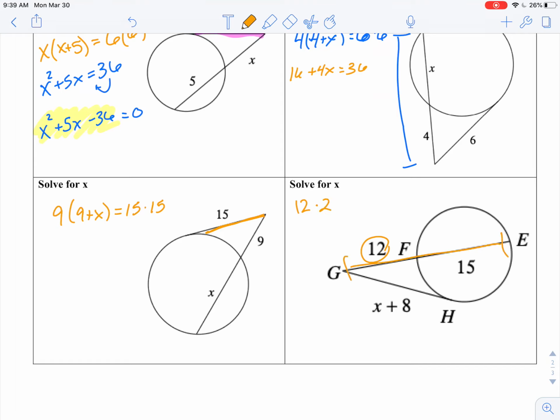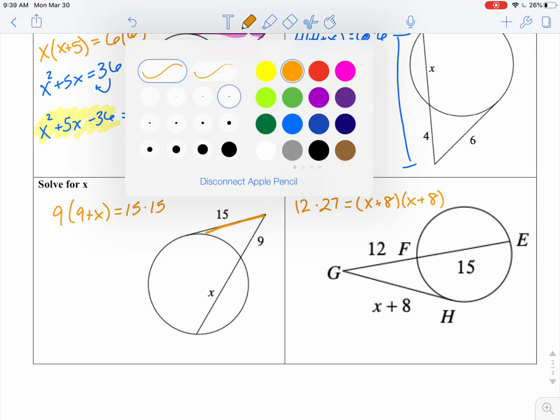And part outside is 12 times the whole segment is 27 equals x plus 8. But what's the whole segment here? That's the part outside. What's the whole segment? Well, that's still x plus 8.